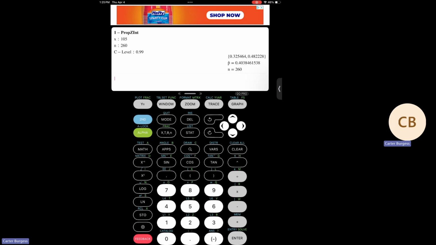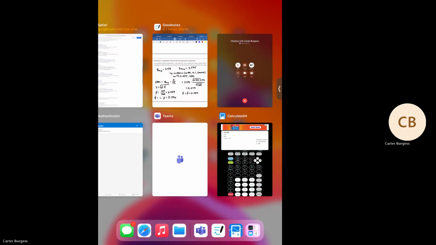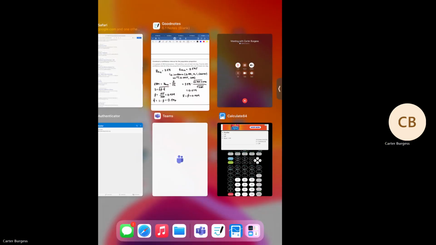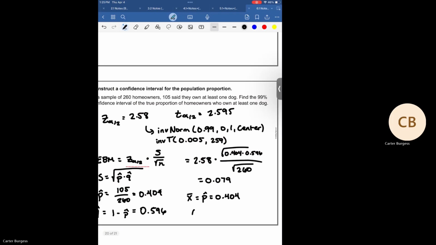Stat tests. Yes. Okay. And so what we see is from 0.325 up to 0.482.